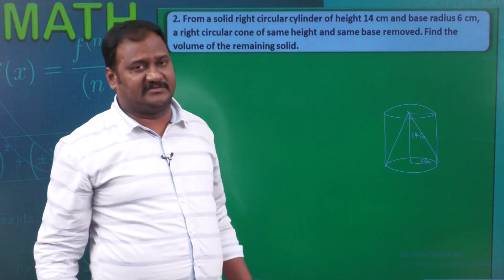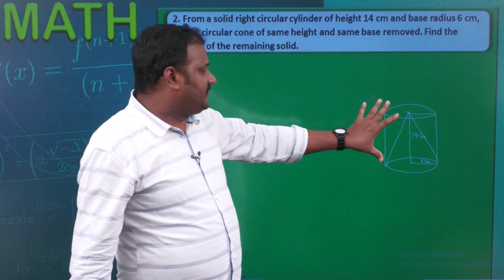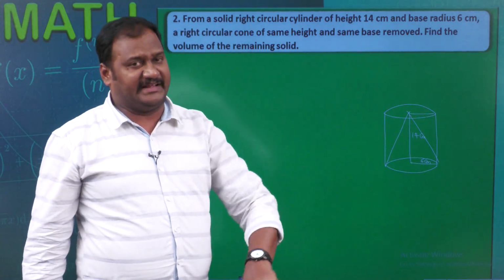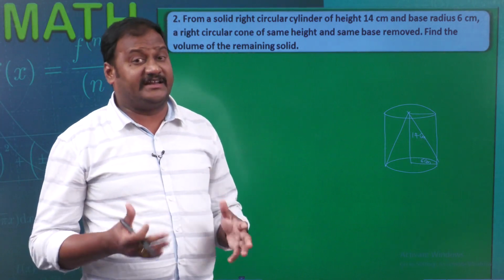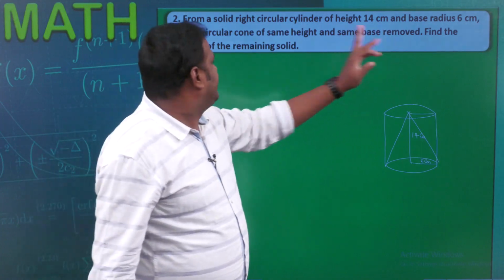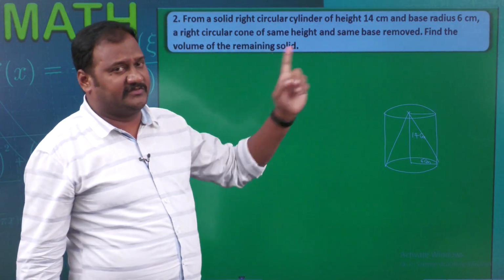So when you remove this portion from inside, what will be the volume of the remaining solid? See, volume is nothing but the quantity of the matter. When you are removing some material from the entire solid, the volume will get reduced. So what is that reduced volume? Find the volume of the remaining solid. The reduced volume will be the volume of the cone.